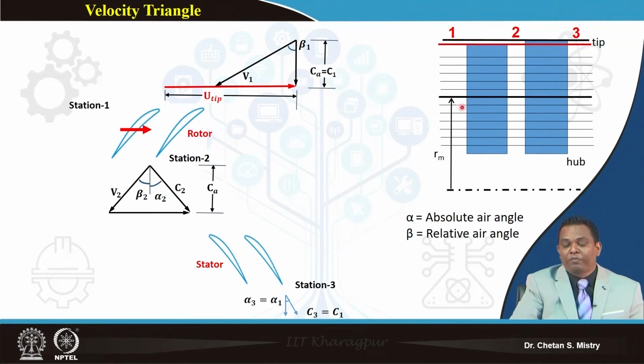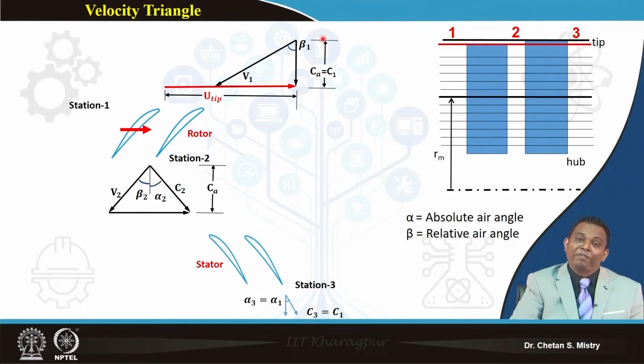So up till now, what we were discussing was only up to mid section. Now when I am going for the tip, I know my tip diameter is going to increase. In that case, you can see my peripheral speed for this rotor is to be large.